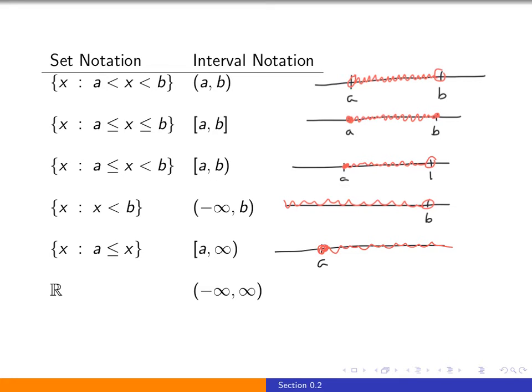And then lastly, we use this notation, a kind of fancy script looking R. This stands for the real numbers. And as an interval, we think of the real numbers as being all possible numbers, minus infinity to infinity. So as a number line, everything would be shaded in.